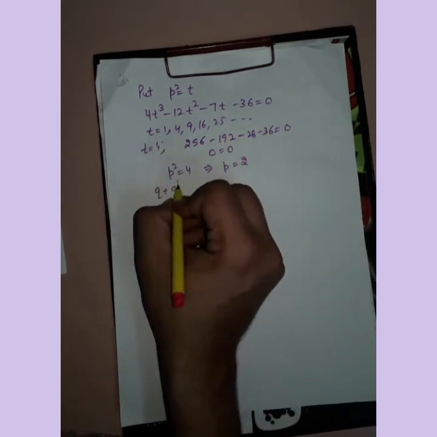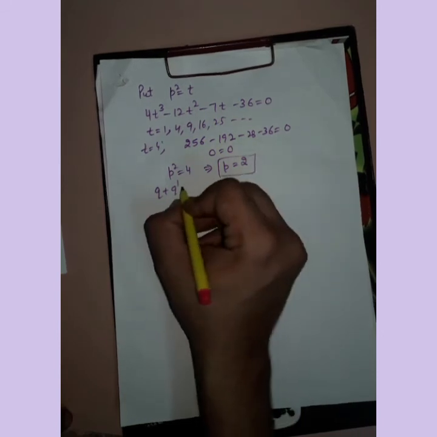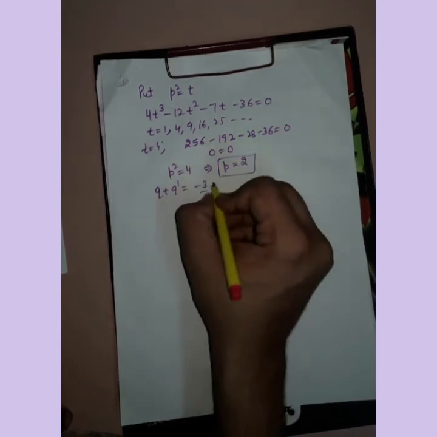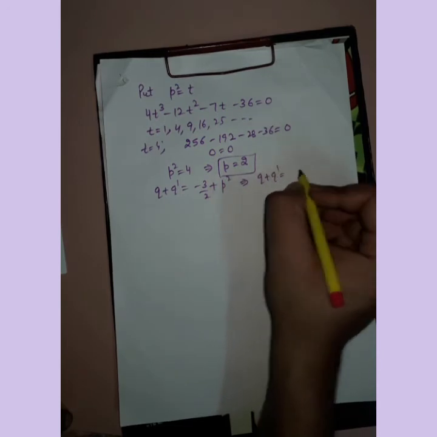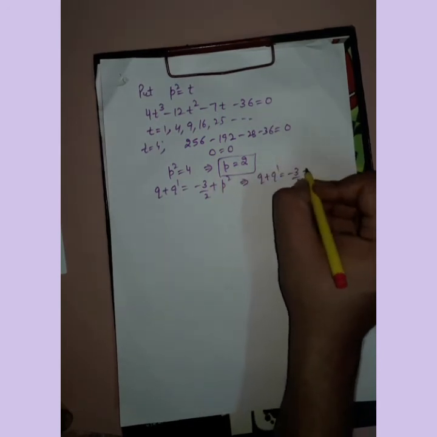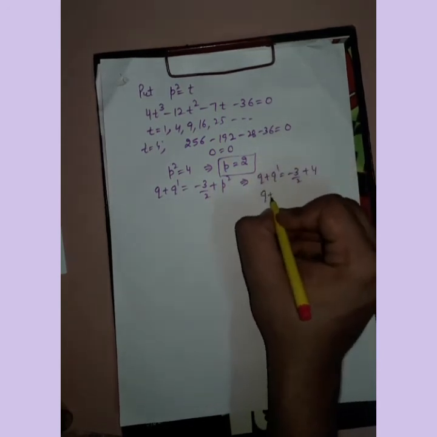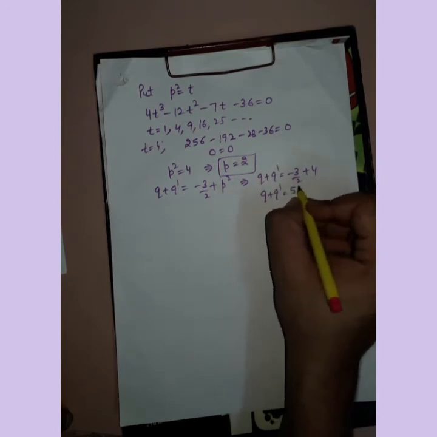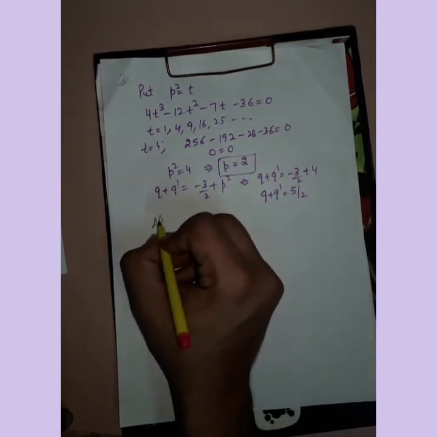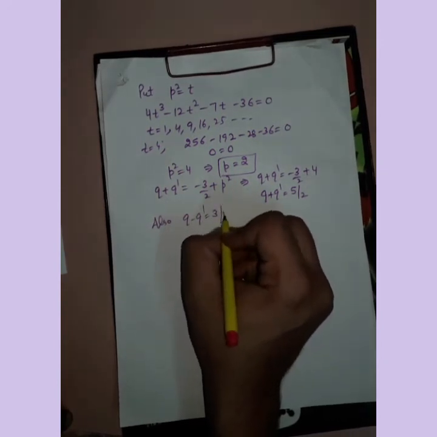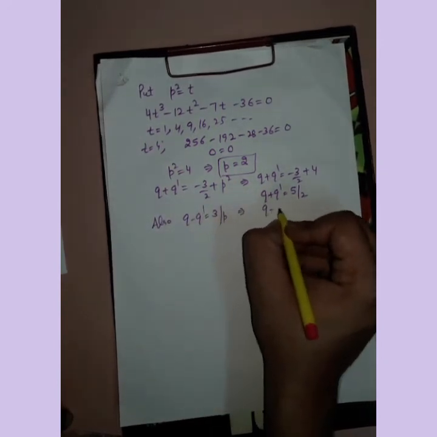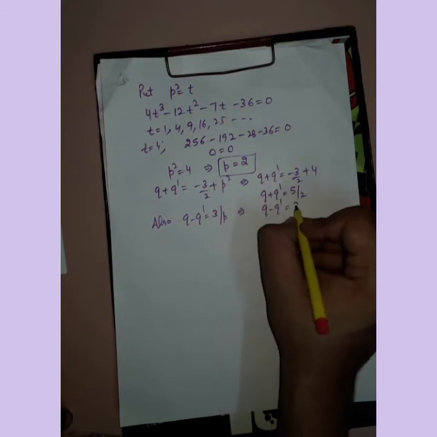Also q plus q dash is equal to minus 3 by 2 plus p square. That means q plus q dash is equal to minus 3 by 2 plus 4, that is 5 by 2. Also q minus q dash is equal to 3 by p, that means q minus q dash is equal to 3 by 2.